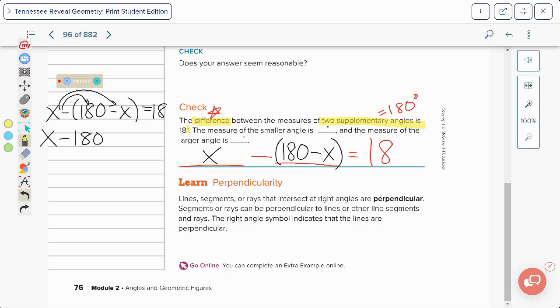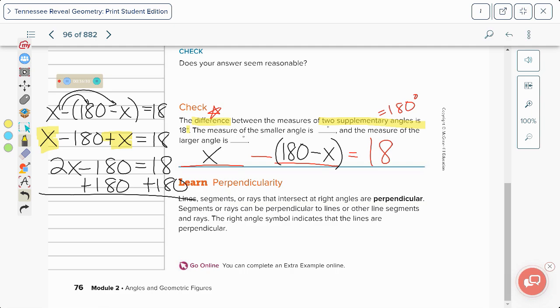And then negative times negative becomes positive, so plus x equals 18. Now if we look here, we have an x and another x, so that would be 2x. I want to move that 180 over, and it's a negative 180, so the opposite operation would be to add 180 to both sides.